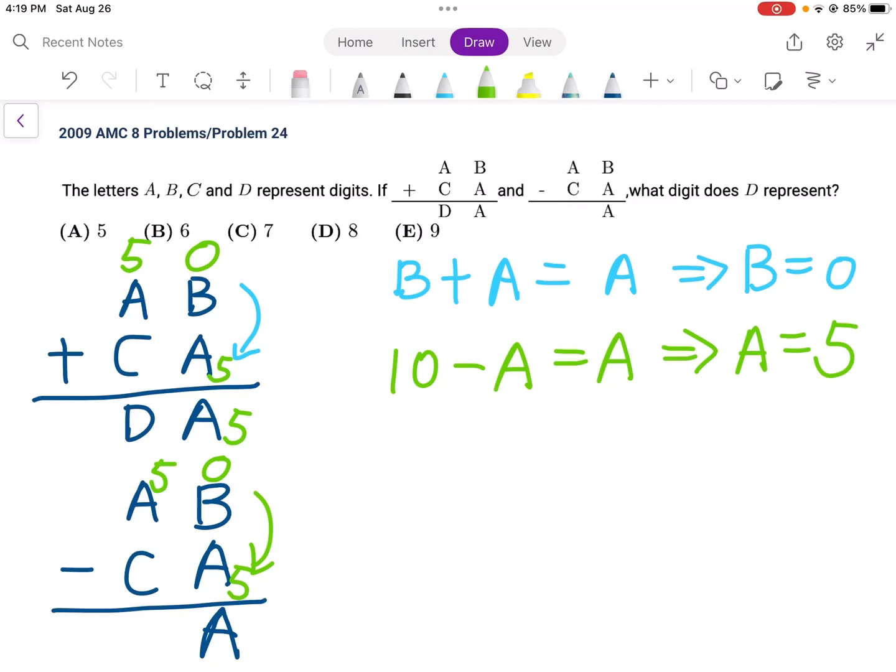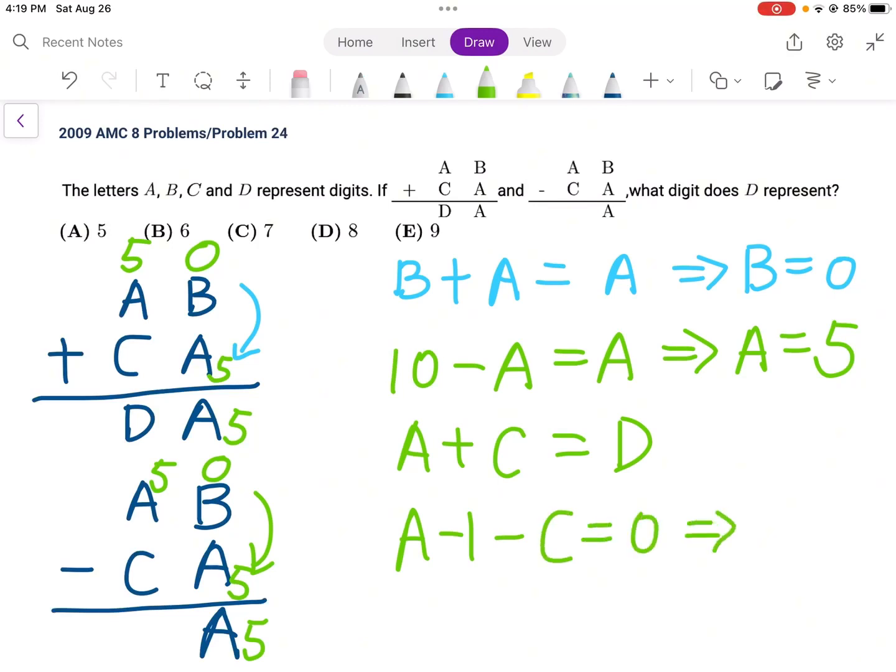And again, from the first equation, we know that A plus C equals D. And from the second equation, we know that B borrowed 1 from A to subtract the A underneath. So then A is left with 4, and A minus 1 subtract C equals 0.